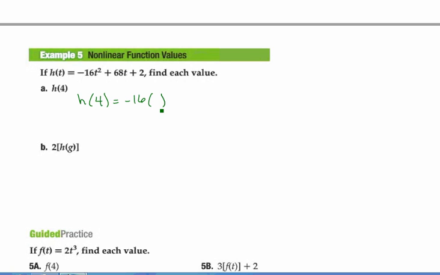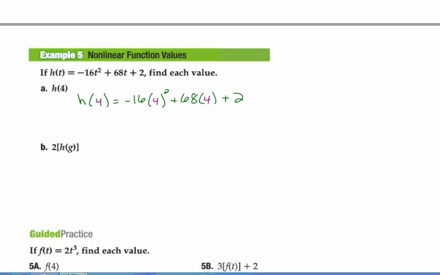Every time I see a t, I'm going to put a really big parenthesis there, and I'm going to fill in the blanks with a 4 because that's what it told me to do. So h of 4, I'm going to put a 4 in each one of those, and I'm going to make sure that that squared button goes there. And again, this is when we bring out that calculator and plug it in exactly as it states.